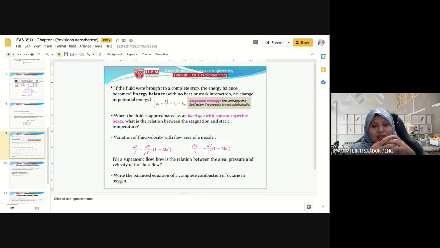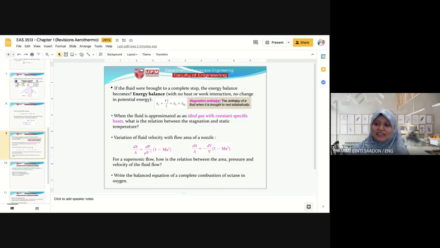At the end we only have H2, enthalpy, because the fluid is brought to stop, velocity 0. We also note it as H02, so this is the stagnation enthalpy. H02 is the stagnation enthalpy or total enthalpy.